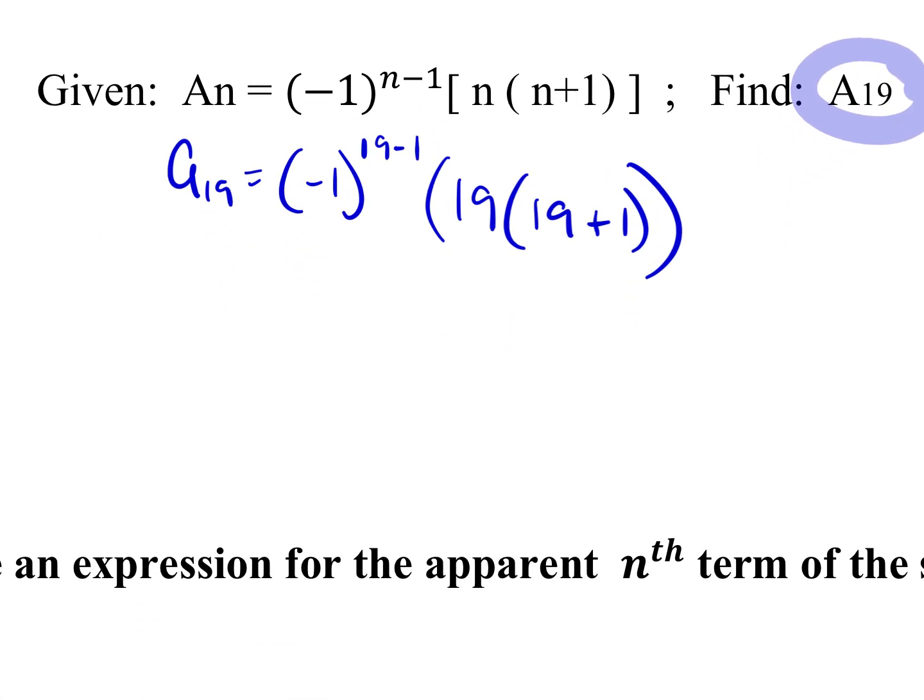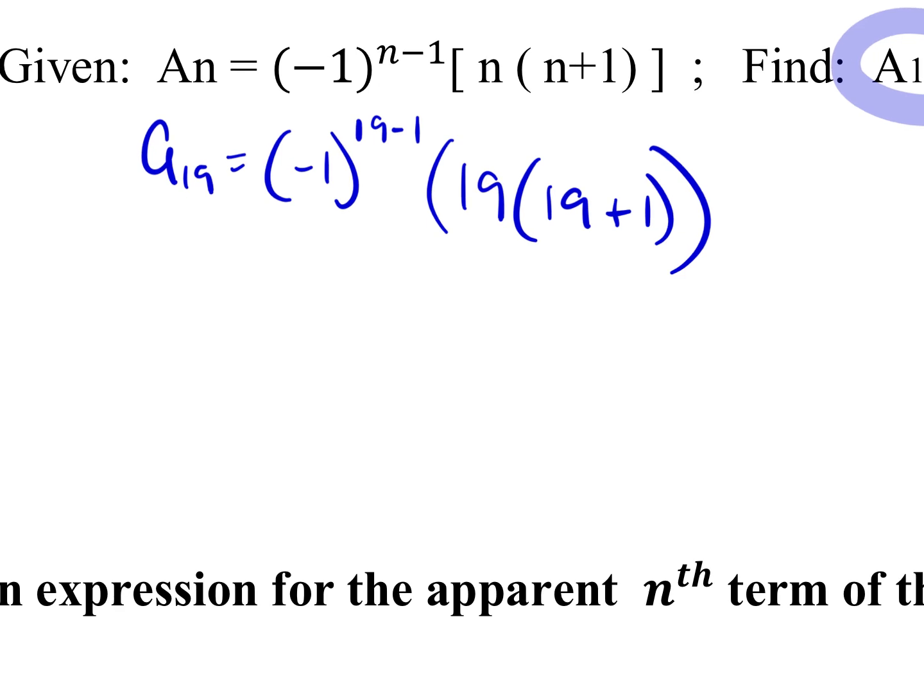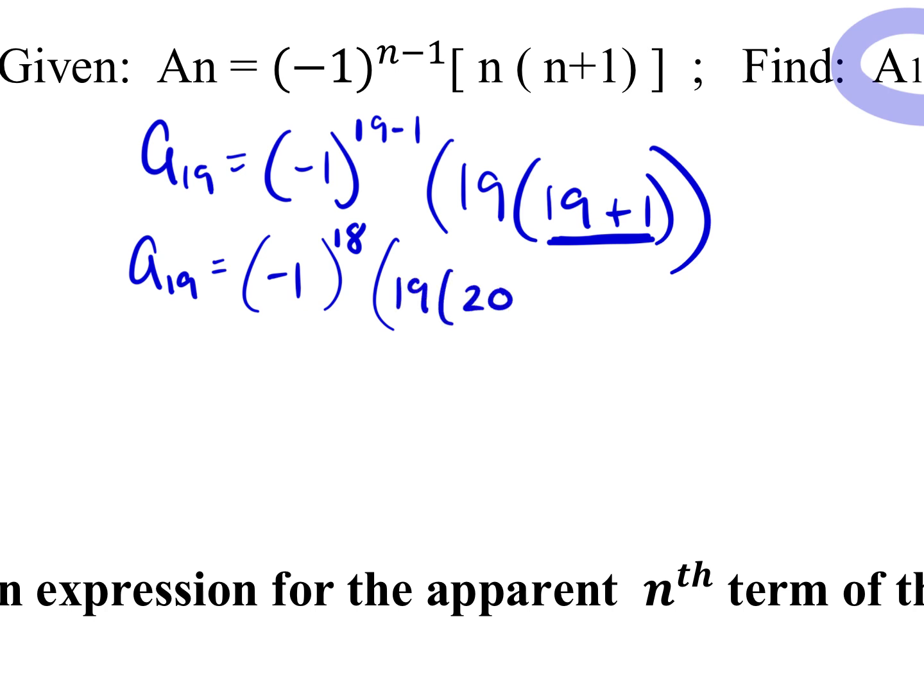So just be careful with a question like this when you have so many parentheses going on. Just do one thing at a time. Make sure you follow your order of operations. We can do the exponent up top here, so it'd be negative 1 to the 18th power. And then next, let's do inside the parentheses. So we have to do the parentheses inside the parentheses. So it'd be 19 times 20. If you put negative 1 to the 18th power in your calculator, make sure you put it in parentheses.